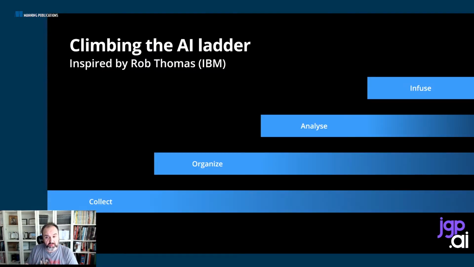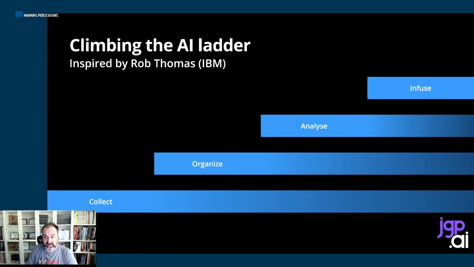The methodology I'm going to use is called the AI ladder. It's been inspired by Rob Thomas, and it's a 4-step process where we first collect the data, then organize it, analyze it, and infuse it. We're not going to go to the infuse part today, but we're going to collect, organize, and analyze.